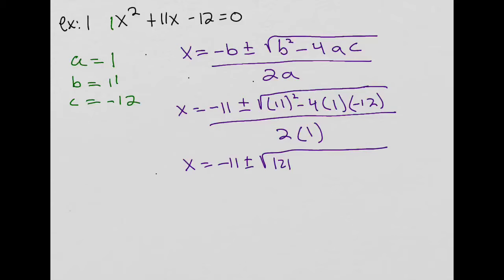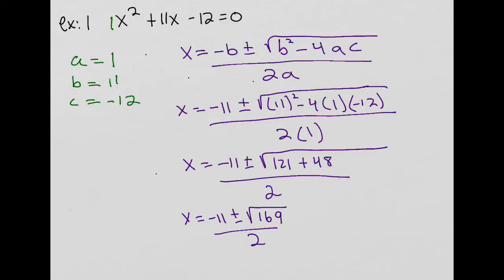Negative 4 times 1 times negative 12 gives you positive 48. Sorry, positive 48. So plus 48, over 2 times 1, which is 2. Then 121 plus 48 gives me 169. Square root of 169 divided by 2.